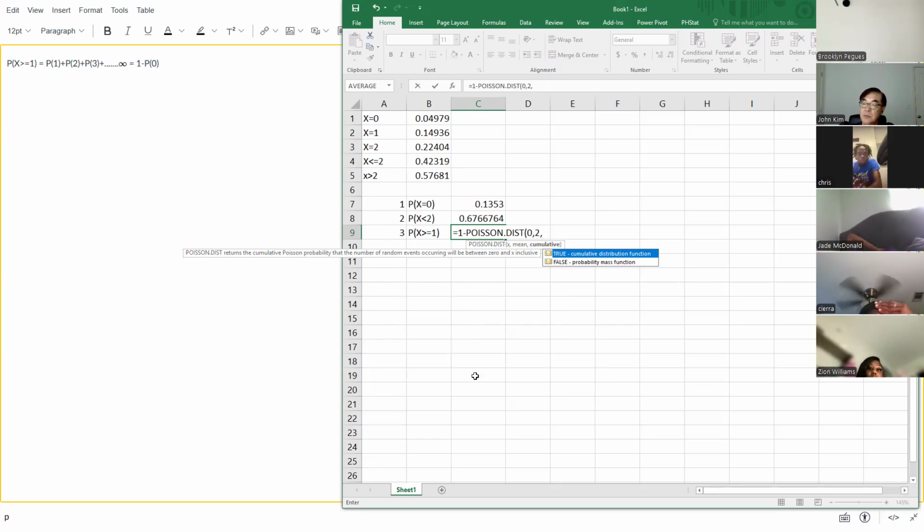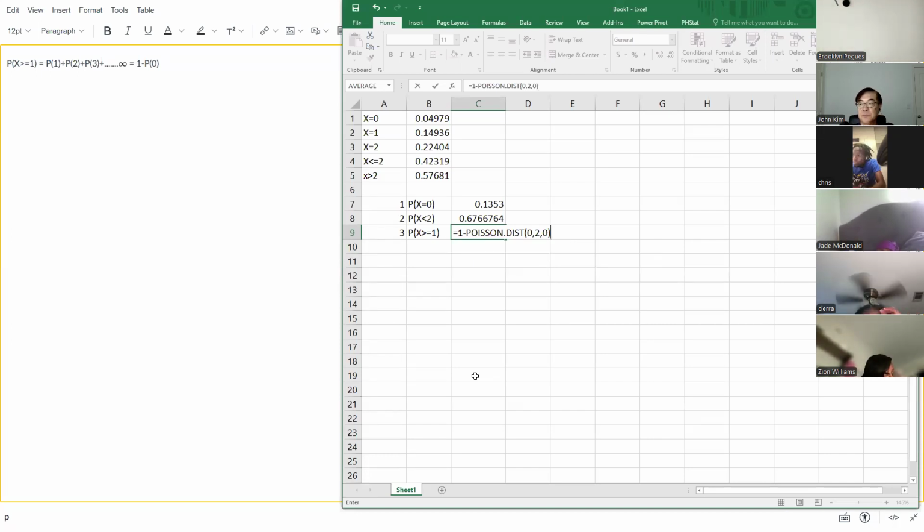So it doesn't matter you type 1 or 0, the same, but it is single, so no cumulative. Good.